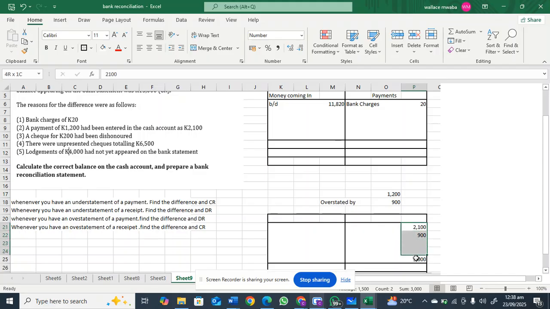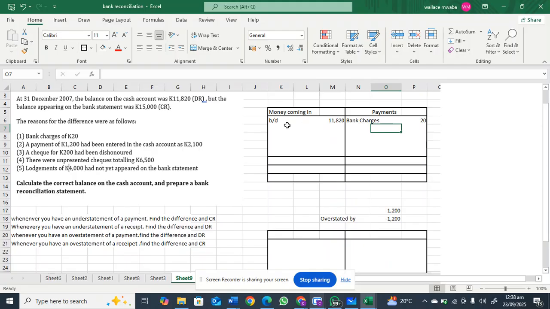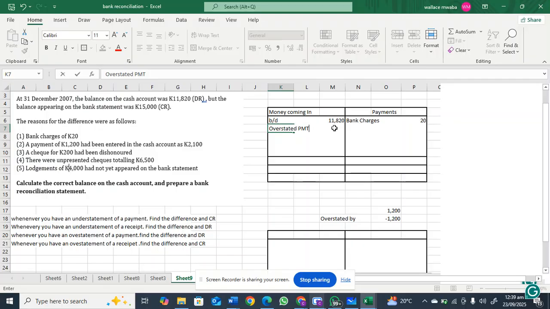But if you have an understatement, credit the cash book so that you remove the understatement and get the correct amount. So that was just an illustration, but in our cash book here, we're going to put on our debit side overstated payment, 900 kwacha.